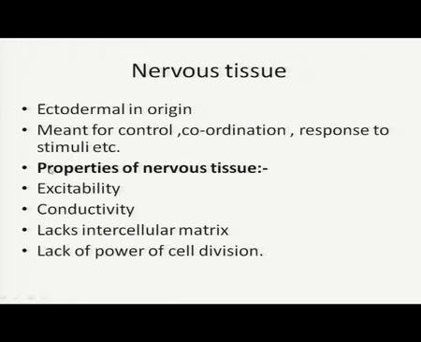Now, coming to nervous tissue. Ectodermal in origin. You know, there are three different germ layers: ectoderm, mesoderm and endoderm. So, this tissue, nervous tissue, is ectodermal in origin. It is meant for control, coordination and responses to stimuli. Now, what are the important properties of this nervous tissue?